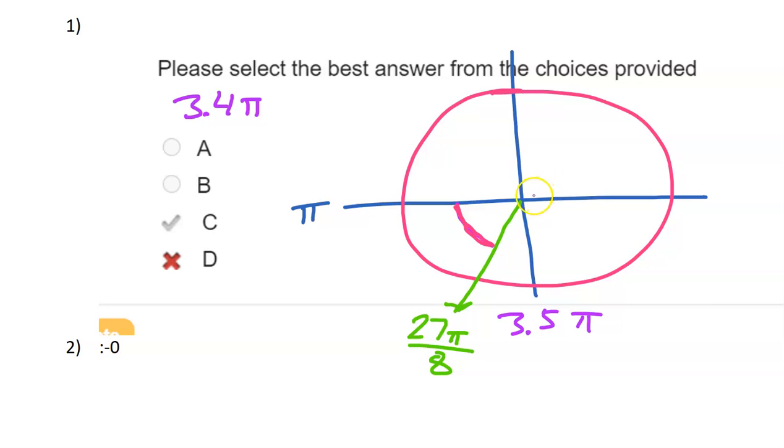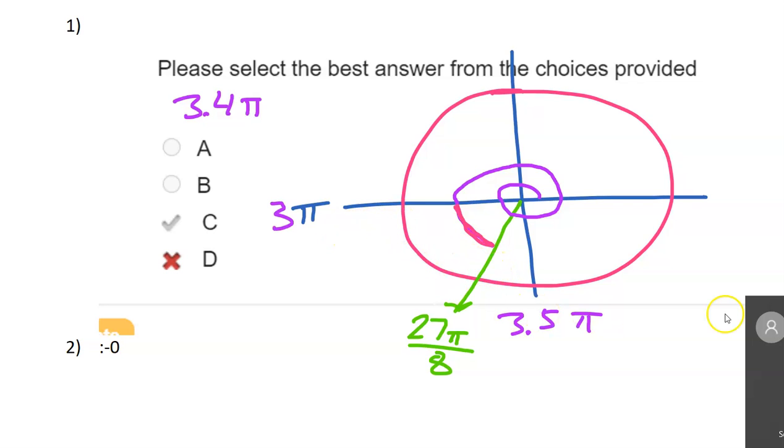So remember, we started here, and when we came here the first time around, that was pi. Then we came to here, and that was 2 pi. And then we came back around, and at that point, this was 3 pi. So as we go towards our final destination here, we are between 3 pi and 27 pi over 8. So these are the two numbers that must be subtracted.